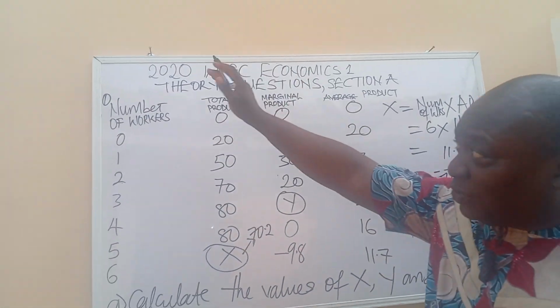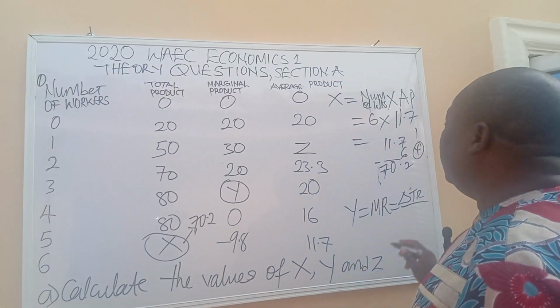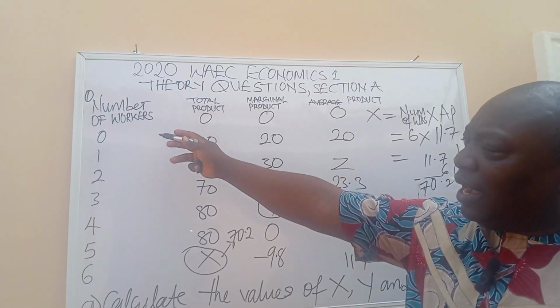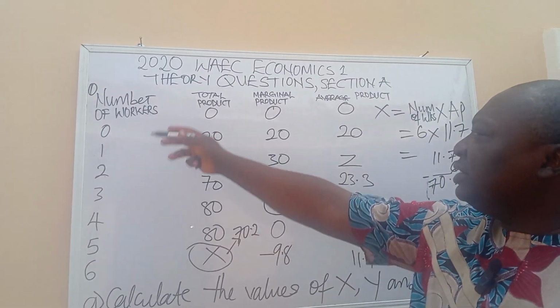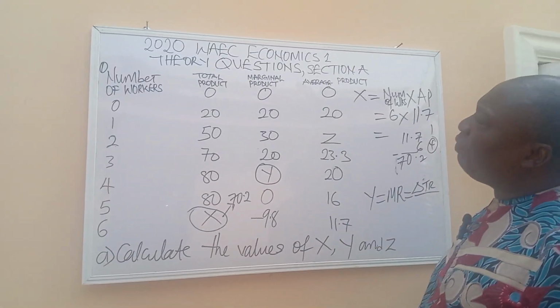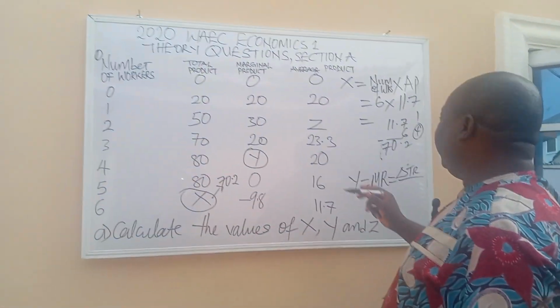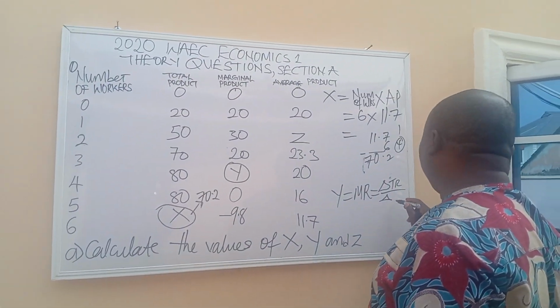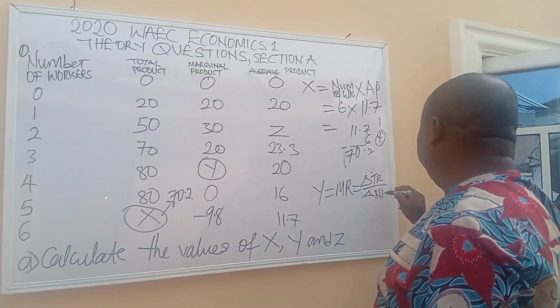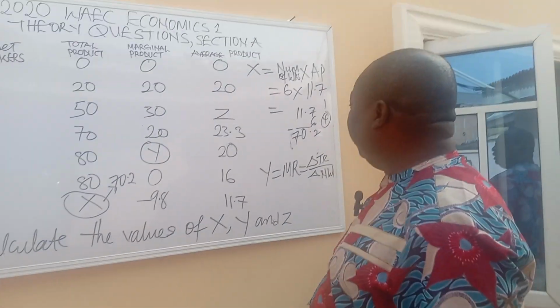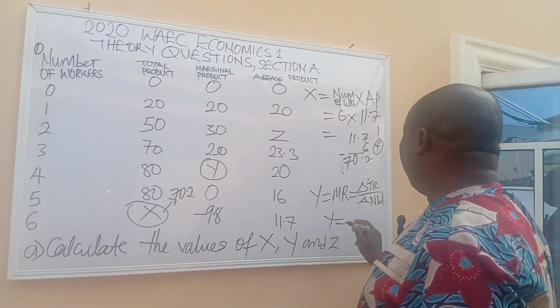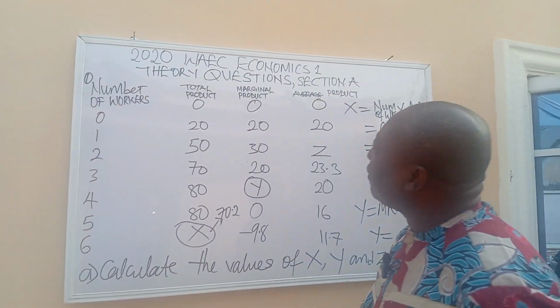In this case, what we have here is number of workers. At times it may be units of products, but here it is change in number of workers, which is still talking about labor. So we want to get Y. Let's look at it from this place.